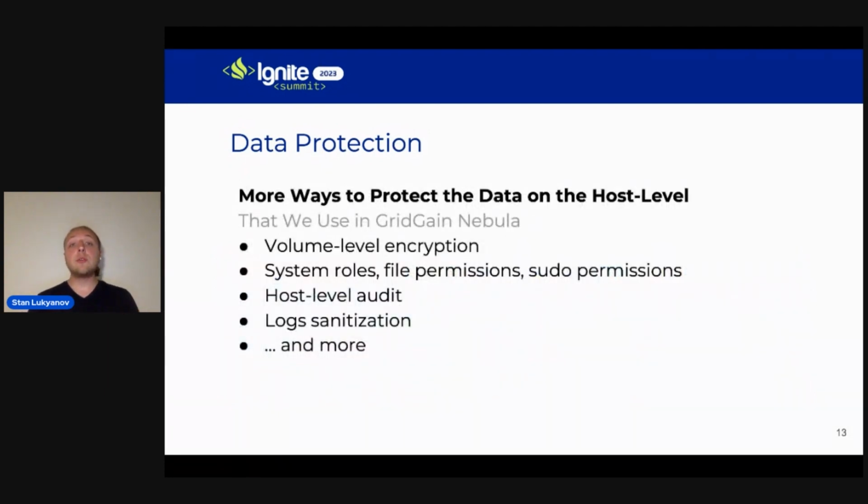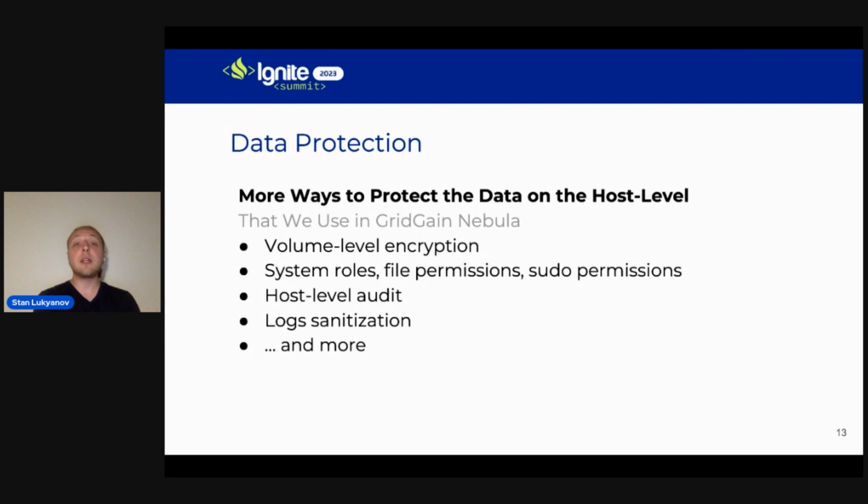So in addition to encrypting our data, which is the most important thing, the database level encryption, we have a number of other ways to protect our hosts and our data servers. And to name a few of these ways that we use in GridGain Nebula, and that you can also use in any of your Apache Ignite installations. So there is volume level encryption.